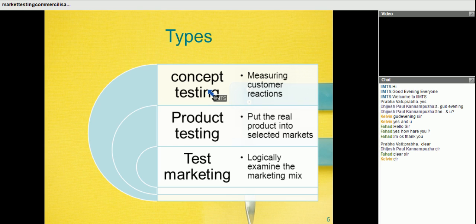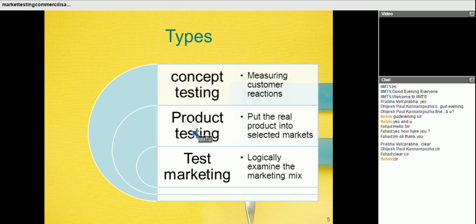Next comes product testing. In product testing, what happens? We put the real product into selected markets, right? A lot of times we say a term called pilot project, pilot testing. I hope all of you have heard of pilot testing, a pilot project. It means that we are testing our services or our product on a small audience, and if that small audience likes that product, then we will launch our services or product in a vast market, right?